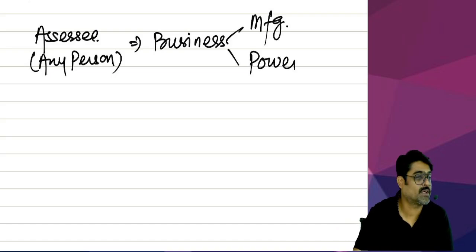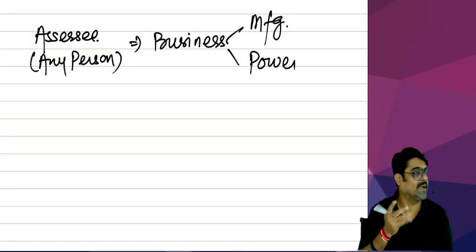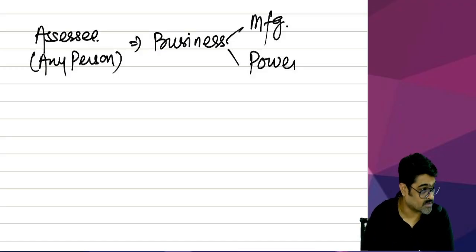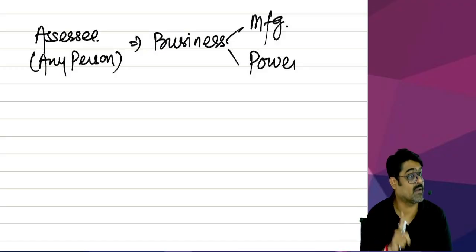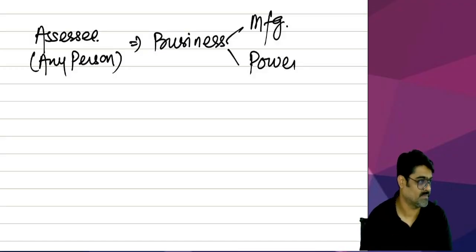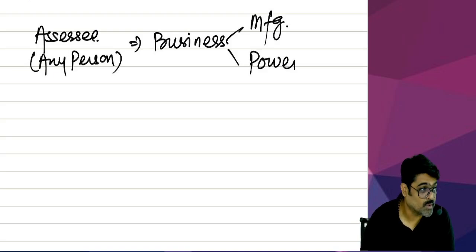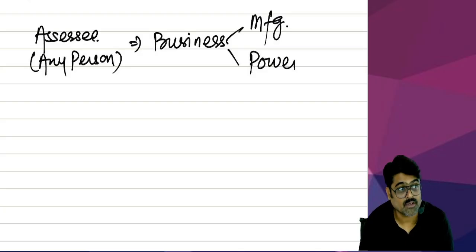Power generation, power distribution, power transmission, only this business, or any manufacturing business. So any assessee other than those assessees doing this business cannot claim additional depreciation. Only the assessees doing this type of business can claim additional depreciation. Are you manufacturing some item? Some goods? Some products? Or you are in the power generation, power distribution, power transmission business?